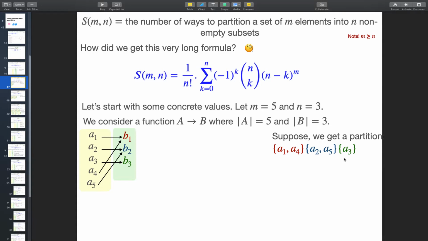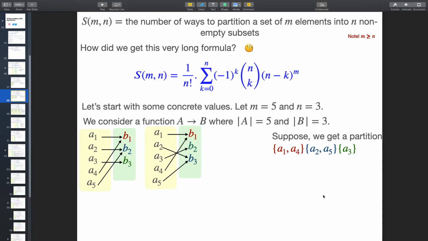Another way to do it is instead of associating, let's say, B sub 2 to this subset, gawin natin na ang i-associate natin kay subset na ito ay si B sub 3. So, let's say, swap sila.